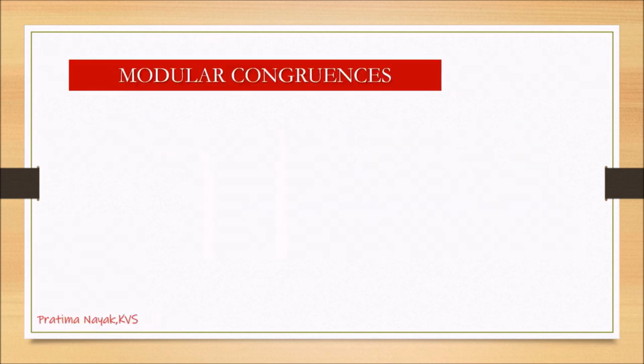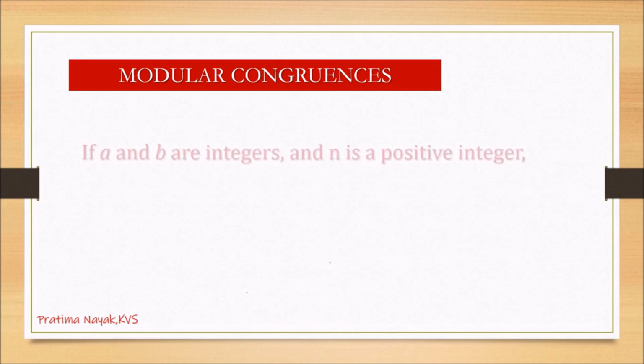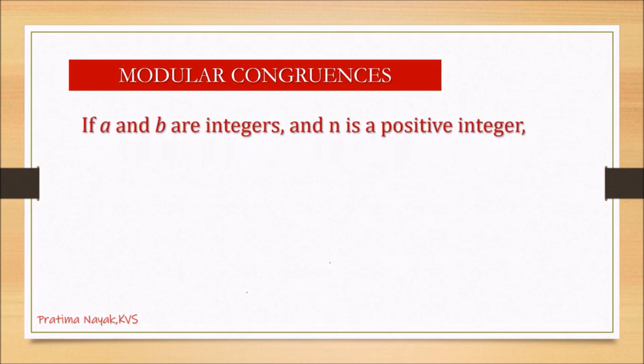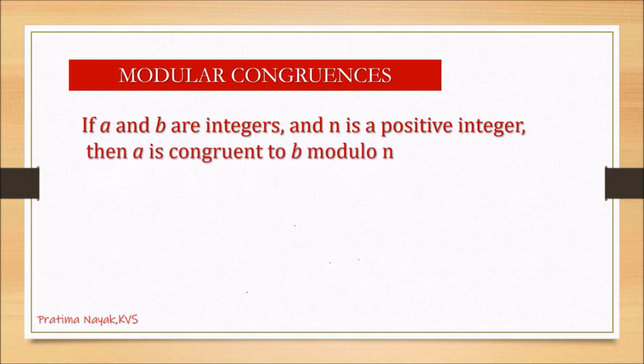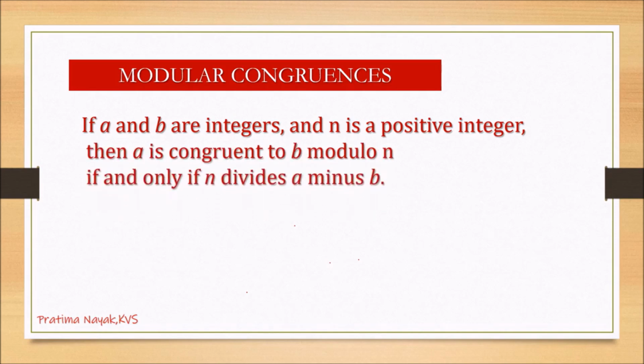Let us recall about modular congruences. It says if a and b are integers and n is a positive integer, then a is congruent to b modulo n if and only if n divides a minus b.